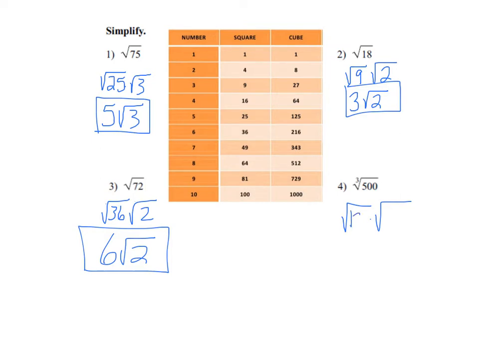So I'll put in a 125 because that's the perfect cube. And don't forget that you're putting cube roots on these, not square roots. Okay, so the cube root of 125 is 5, and then this just stays put. It's not a square root of 4, it's a cube root of 4, so that does not break down nicely. And you leave that in your radical.